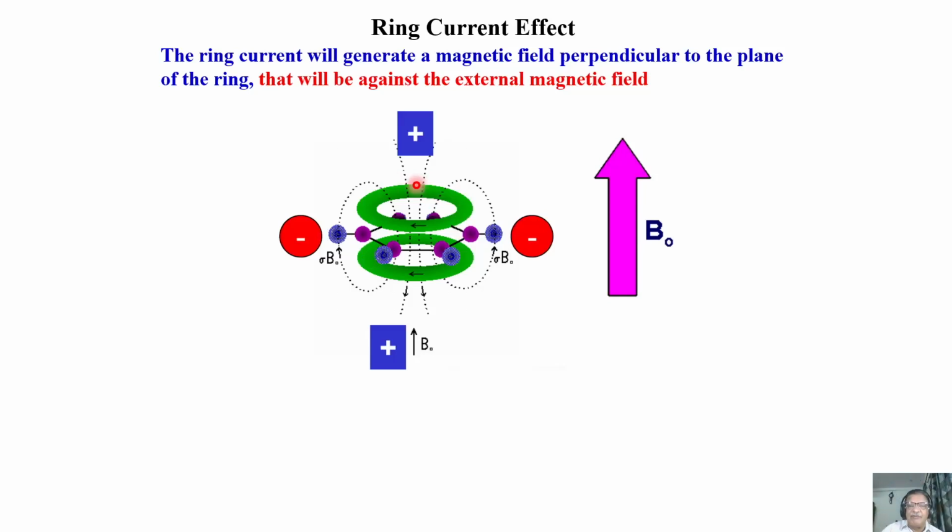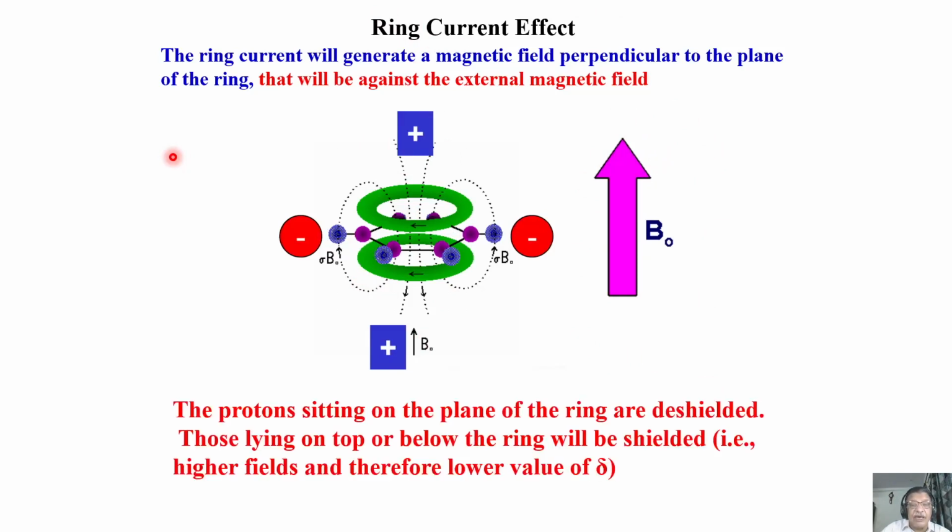We all discussed in the chemical shift. A moving electron produces a magnetic field, right? That magnetic field will be against the external field. This also we discussed when we discussed the chemical shift. This magnetic field generated by moving electrons is opposite in direction to the external magnetic field.